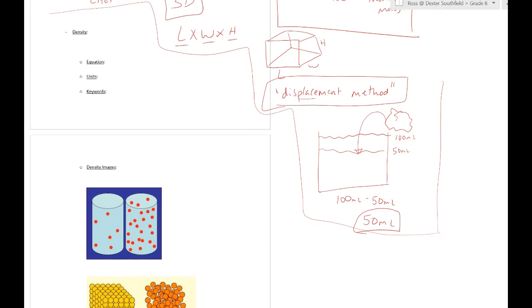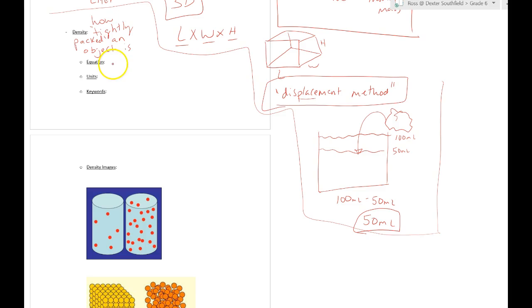So density is essentially, if we're just going to boil it down, how tightly packed an object is. And what we're talking about with how tightly packed, we're talking about how many molecules are pushed into that amount of space.